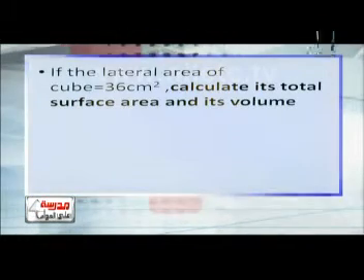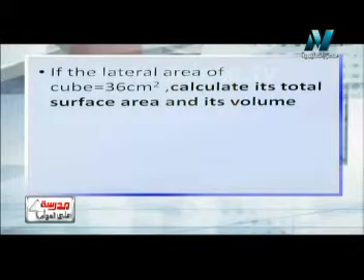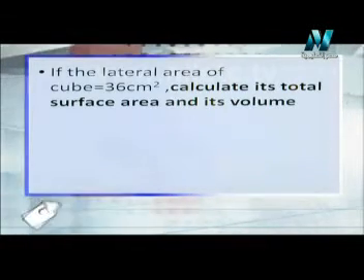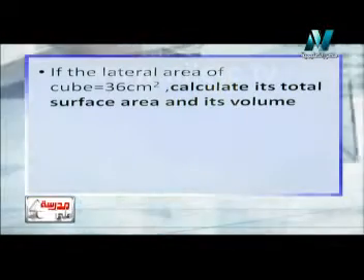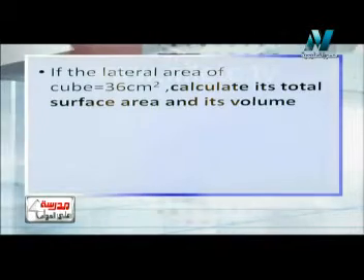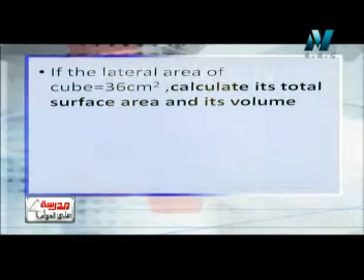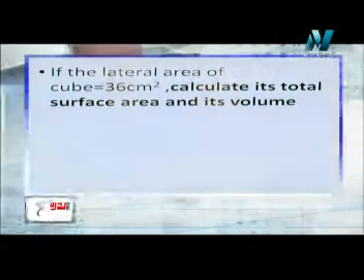Then another question. If the lateral area of a cube equals 36 centimeter square, calculate its total surface area and its volume. To find the total area and the volume, we must have the side length. How to find the side length from the lateral surface area?